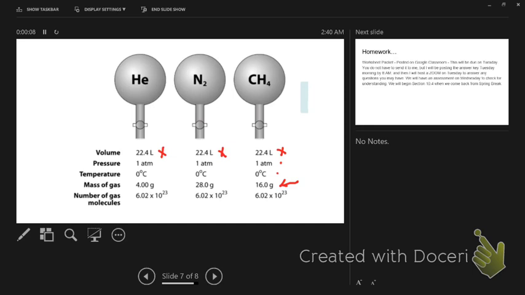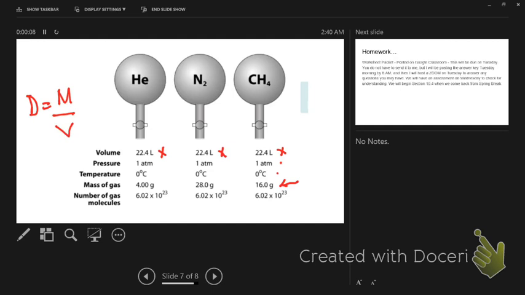So what does that tell you? You should be thinking a couple things. What relationship do you know about volume and mass? Yeah, exactly. Density, right? Density is mass divided by volume, okay?